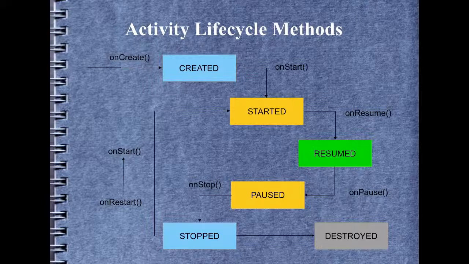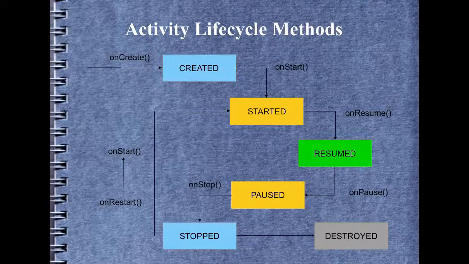Now, stopped is kind of a strange state, because in stopped, we can do one of two things. We can either restart the activity, or we can destroy the activity. Well, it all kind of depends on what happens while we're in resumed, when we're interacting with the activity. For example, if the user presses the back key and stops the application, what we would think of as closing the app, then we go from pause, stop to destroyed, fairly rapidly actually.